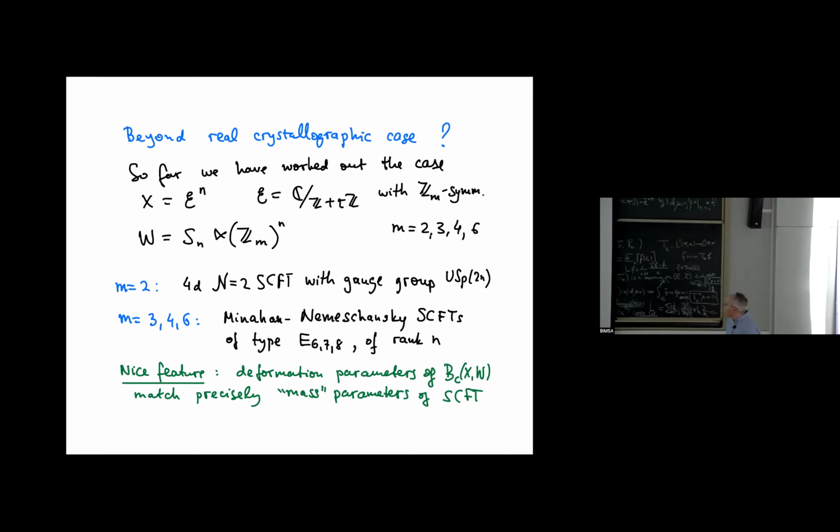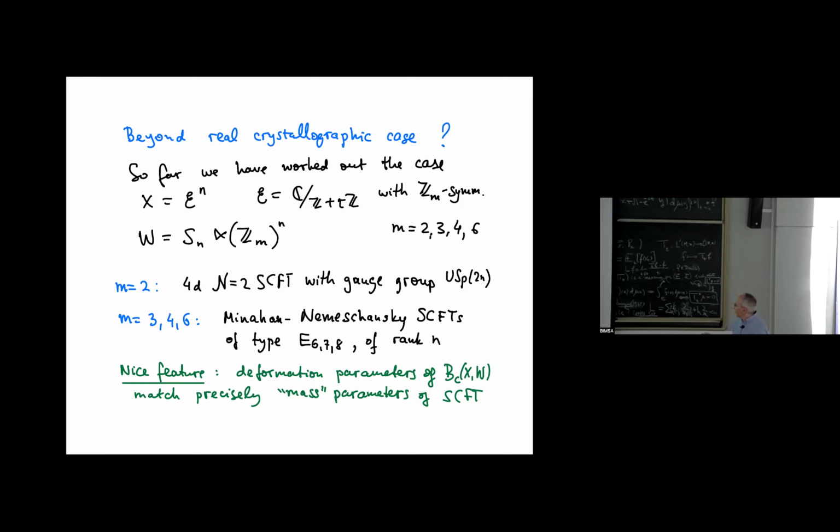It turns out that when M is 2, this integrable system is behind a certain 4D N=2 superconformal field theory with gauge group USp(2n). This is a quaternionic analog of the special unitary group. While for M equal to 3, 4, and 6, the corresponding physical theories are the so-called Minahan-Nemeschansky superconformal field theories of type E6, E7, E8 of rank n.